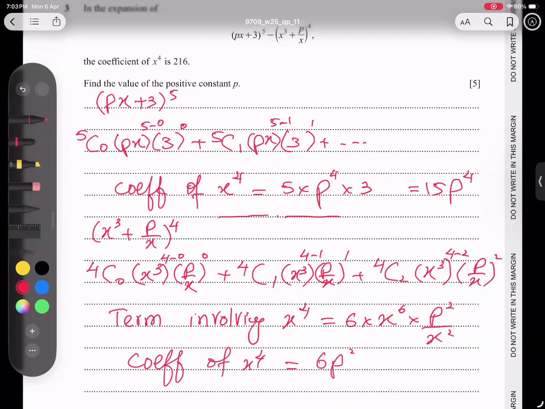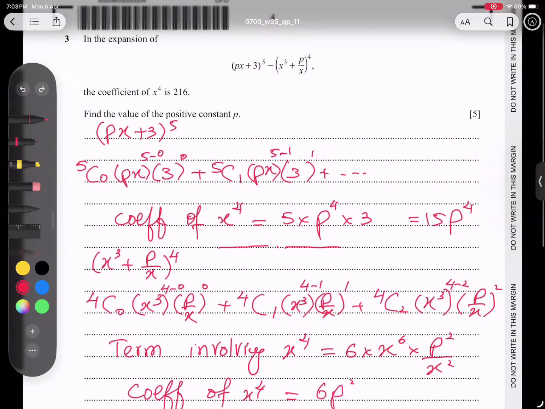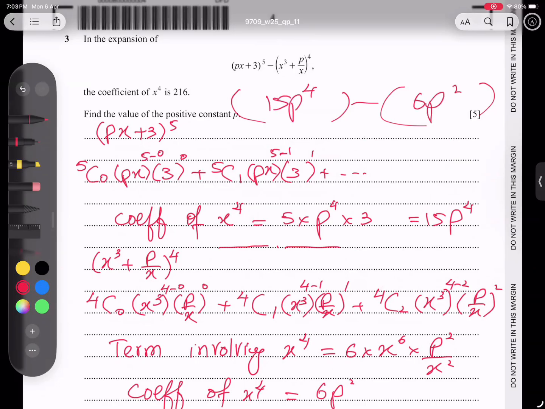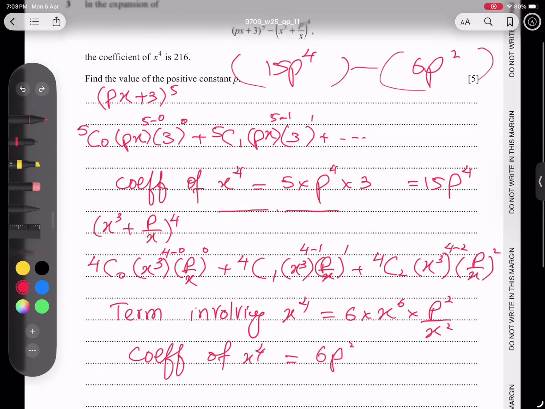Okay. Now according to the criteria, there's a negative sign in the middle. Basically first term minus second term. So from here I'm getting this, and from here I'm getting this. So when I collect them, this negative sign comes beside it. So I'm writing here, he's saying the coefficient is 216.